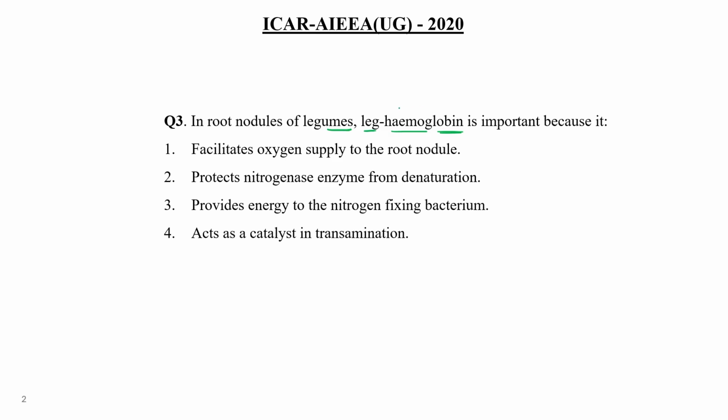What is the role of leghemoglobin? Okay. So this leghemoglobin is present in the root nodules. Why is it present? Because leghemoglobin provides anaerobic condition in the root nodule area. In that anaerobic condition only, this nitrogenase enzyme is activated.